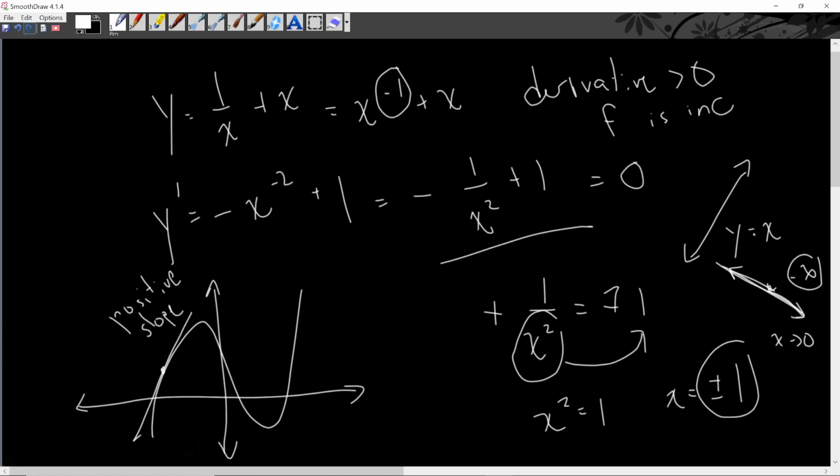Hold on. As x approaches infinity, y will approach negative infinity, right? So on that interval of all x, y will be decreasing. And that's because the slope between those 2 points on that line was negative. And if the function is increasing, that means the slope is positive.